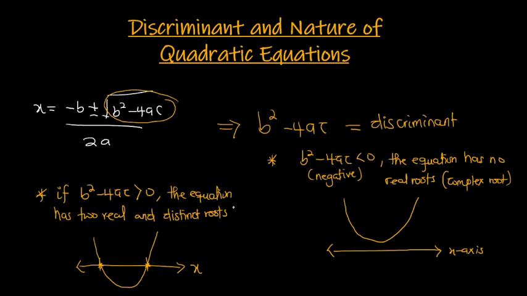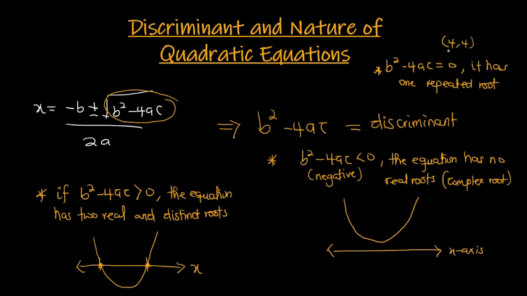Now the last condition is when we have b squared minus 4ac being equal to 0. Now when it is equal to 0, it means the equation has one repeated root. Repeated root means that if the answer is 4, both answers of x will be 4.